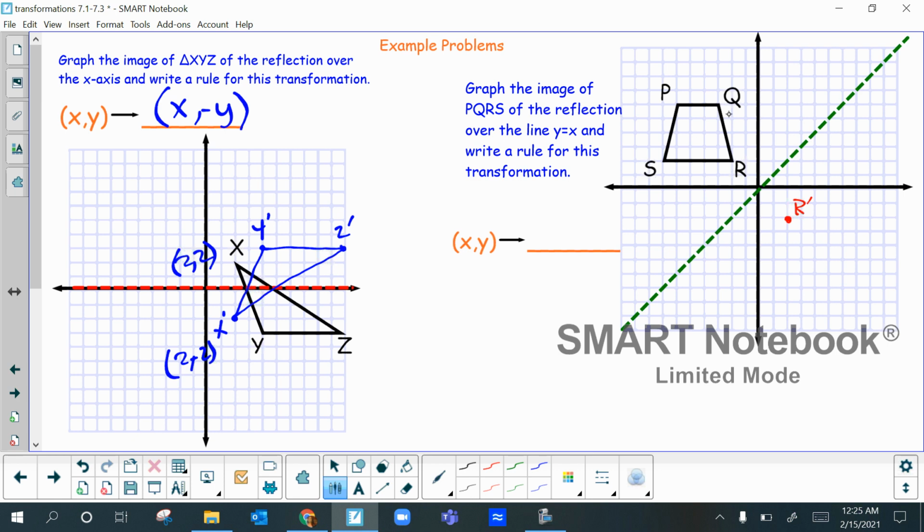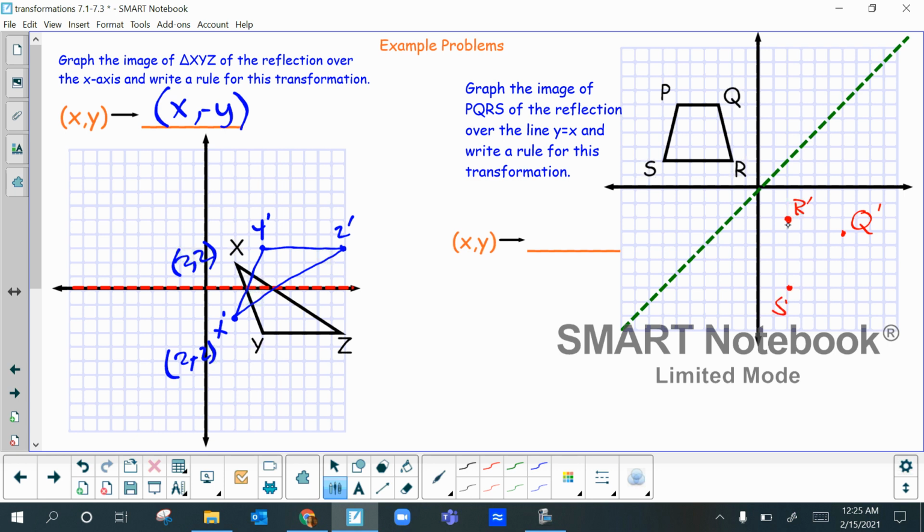So let's try Q. 1, 2, 3, 4.5 diagonals. Half, 1, 2, 3, 4. So that's where Q prime is. Y is 1, 2, 3, 4.5 again. Half, 1, 2, 3, 4. There's S prime.